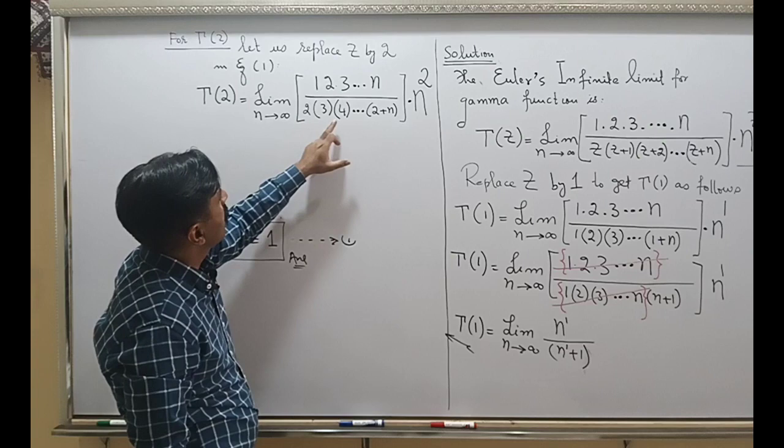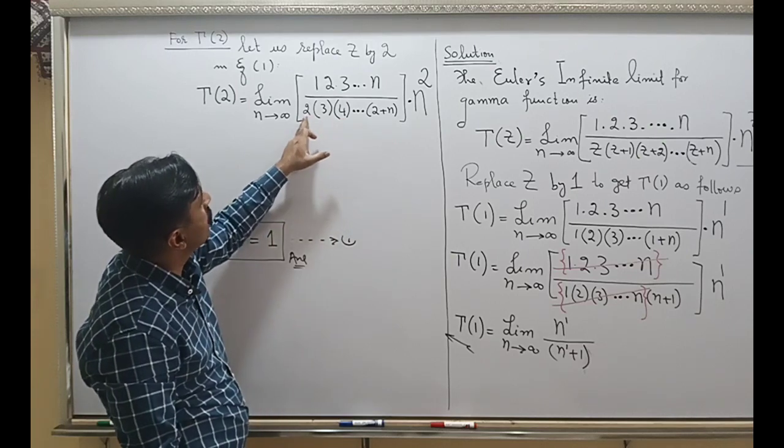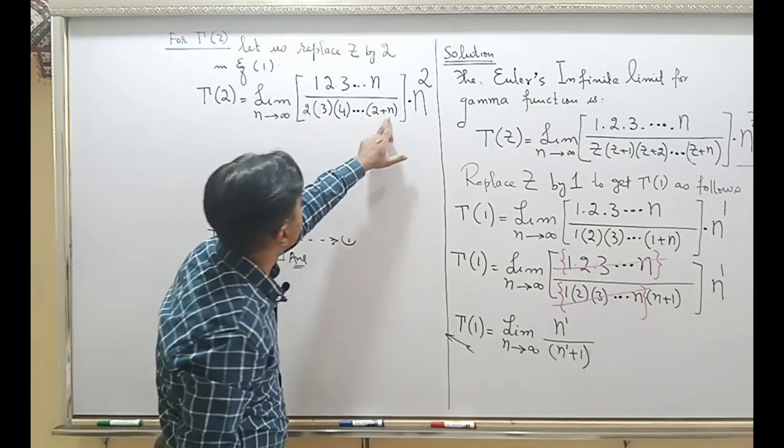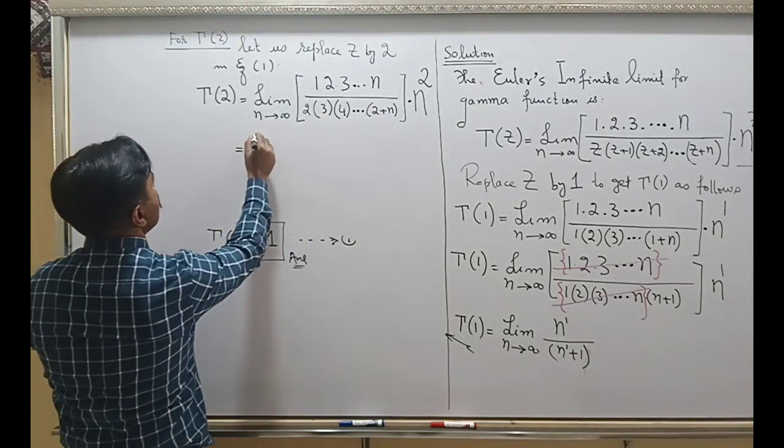Look very carefully. As you move from right to left, each time the left factor is reduced by 1. So do this for 2 plus n.